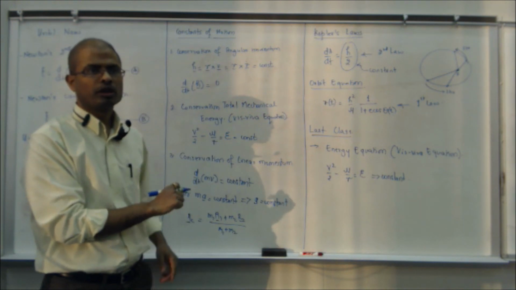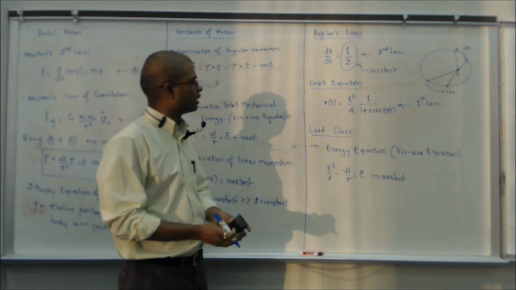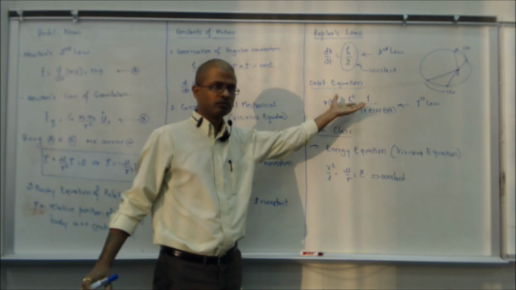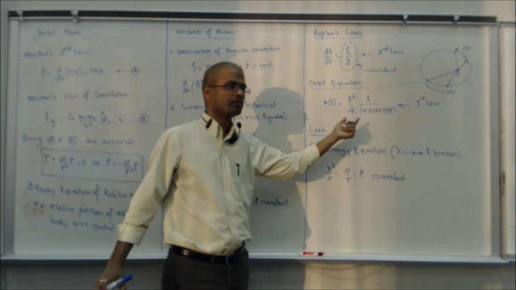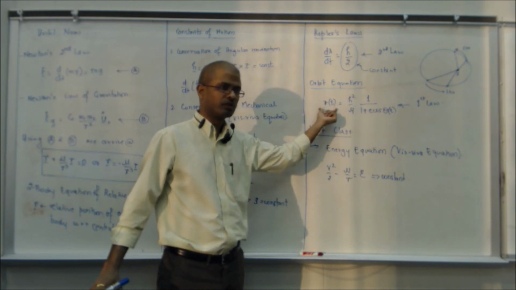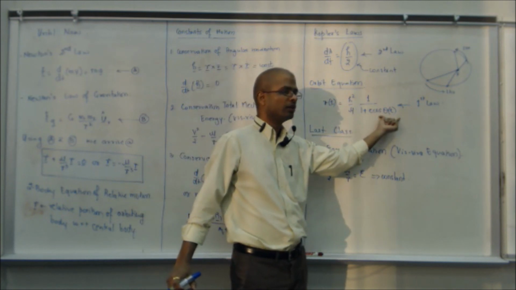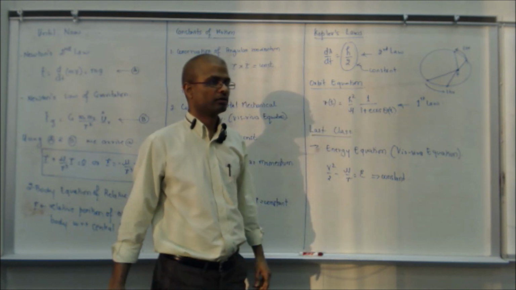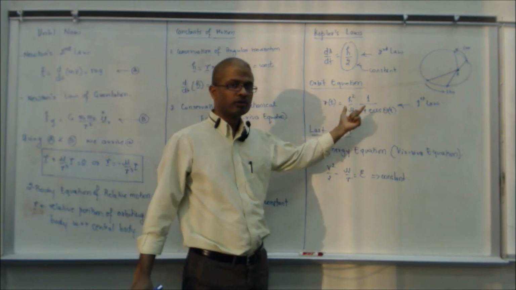Theta changes as time changes, and r changes as time changes. So r is only a function of theta. This is not vector r, it's scalar r. So this r is a function of theta.